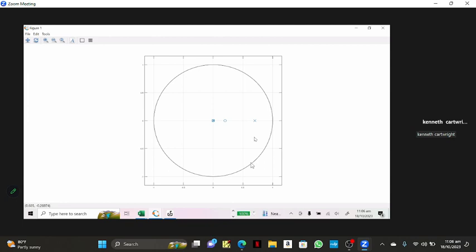Cast your mind back now to 320. When was the system stable? When was the transfer function stable? Loss on all the poles was on the left hand side.